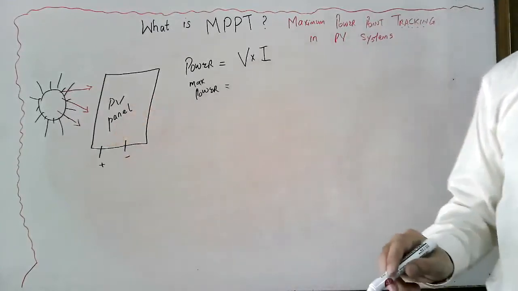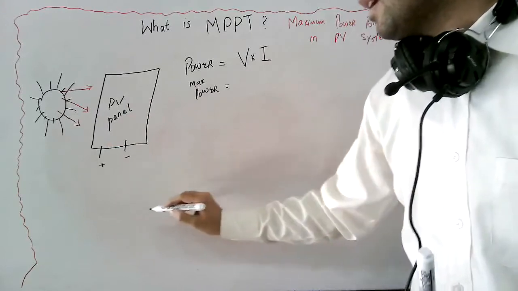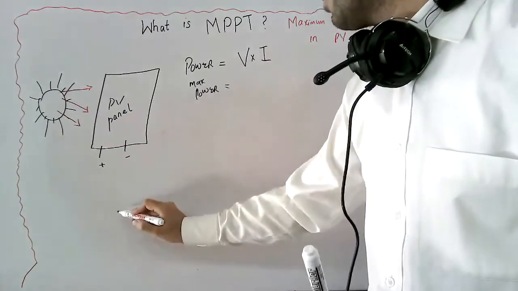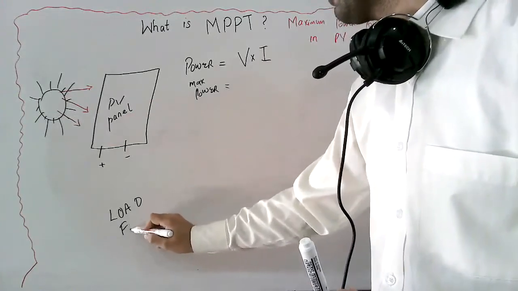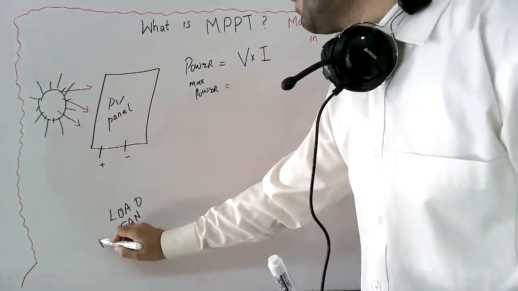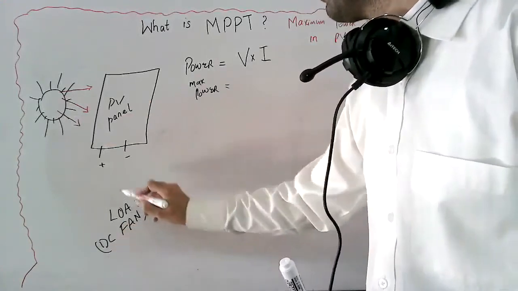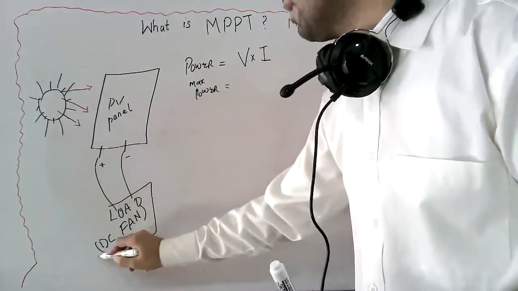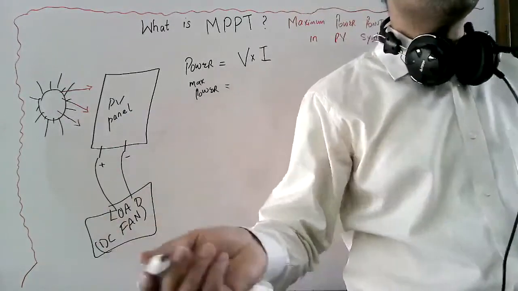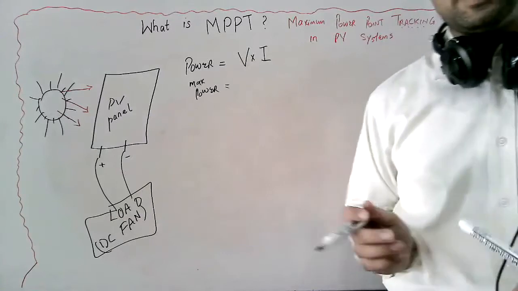Now this is the PV panel, and let's say you connect a load here, a DC fan, directly to the panel. Then what will happen? It will start running and it will work.